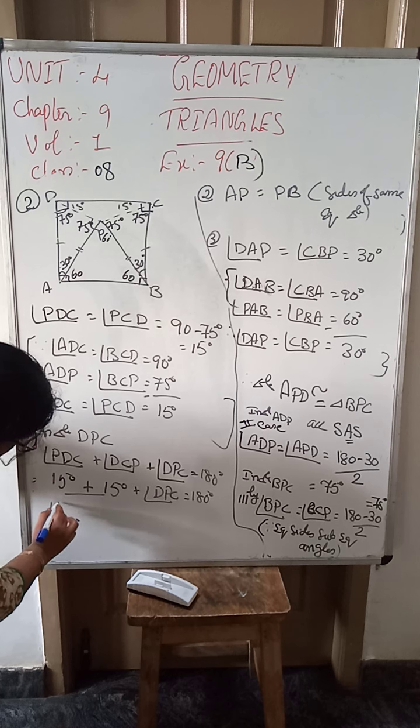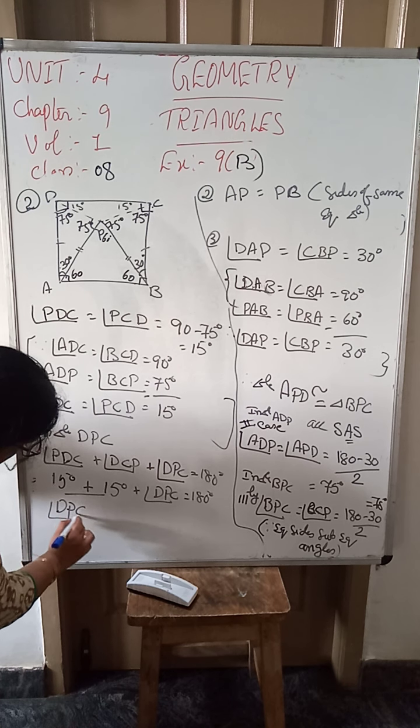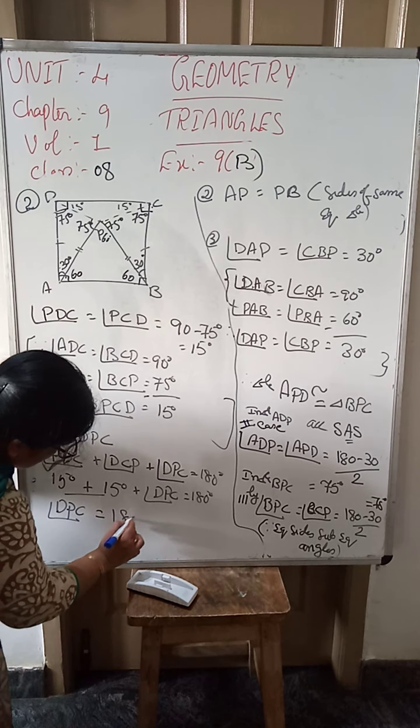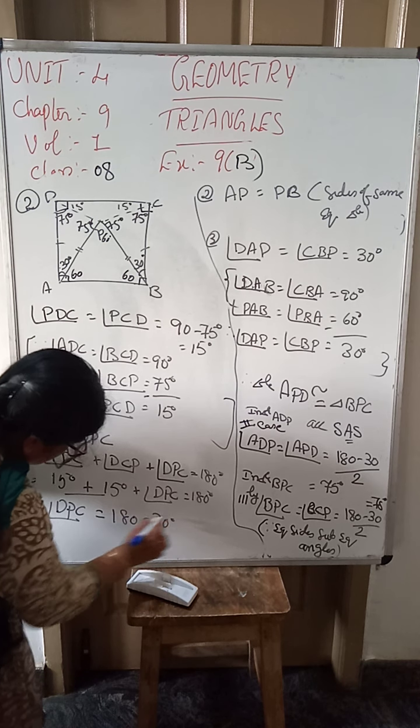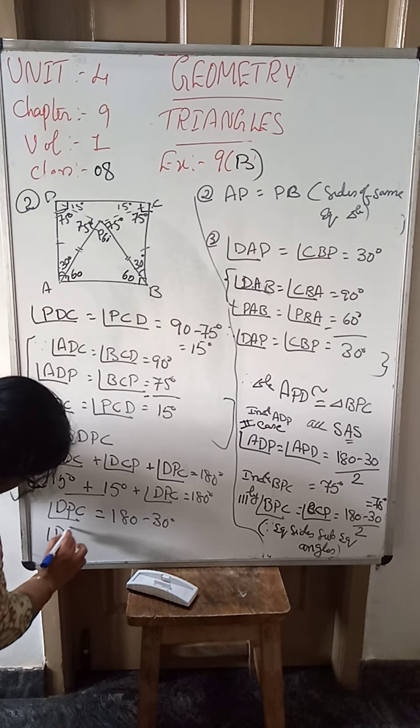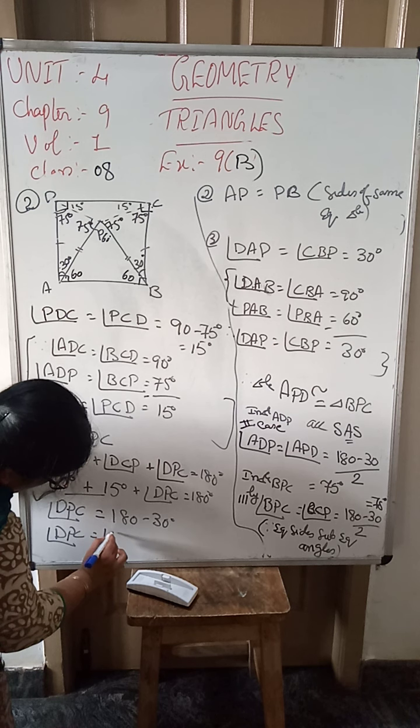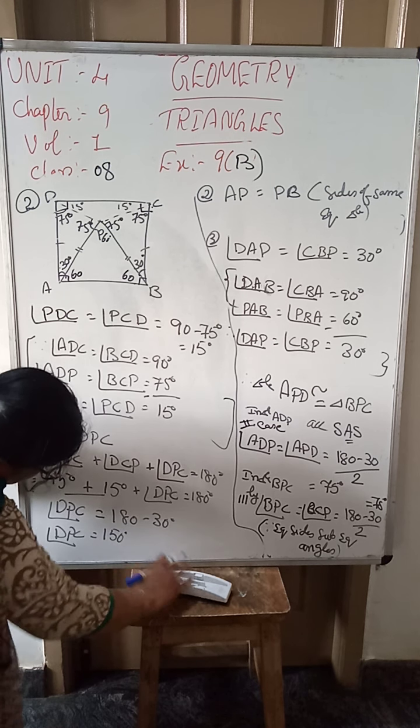In triangle DPC, angle DPC is equal to 180 minus 30 degree. That is angle DPC is equal to 150 degree.